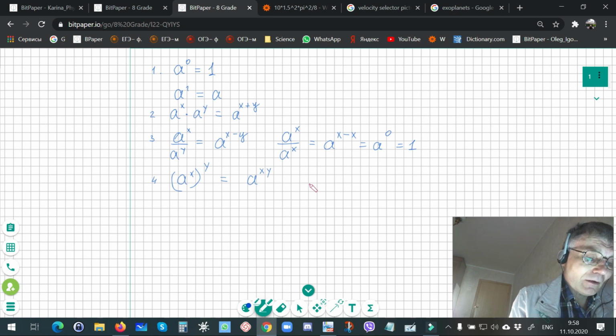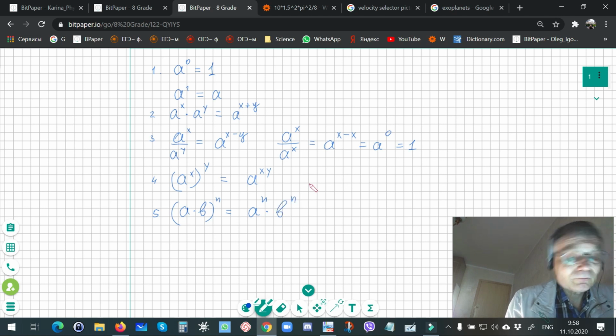And then the thing which we didn't discuss, but it follows from what we've just written: when we have a product a multiplied by b to the power of n, this will be a to the power of n multiplied by b to the power of n.